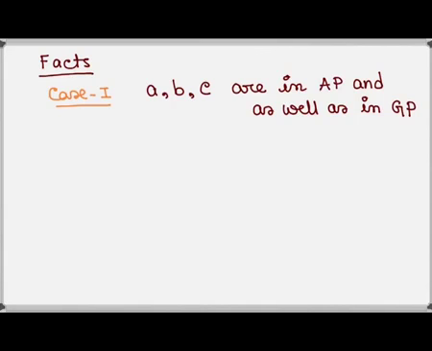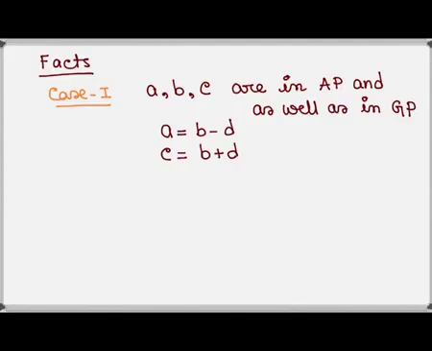Since A, B and C are in an arithmetic progression, we write A as B minus D and C as B plus D, where D is the common difference.